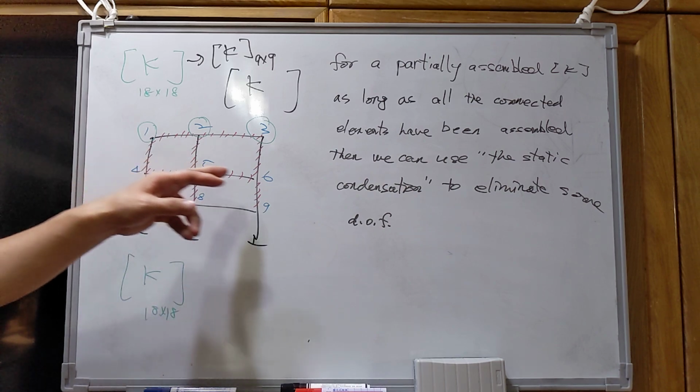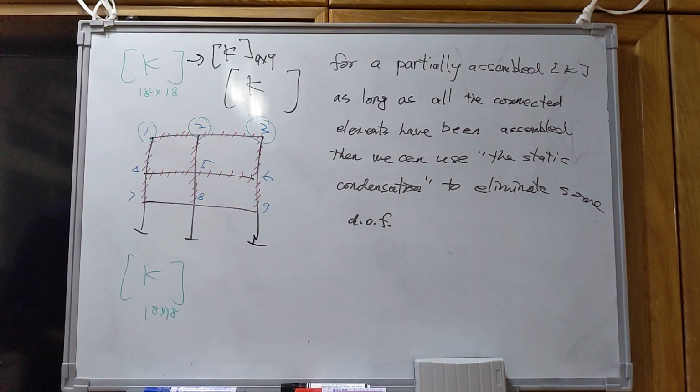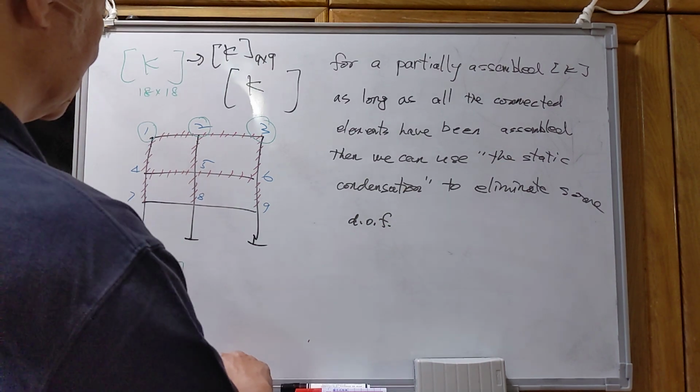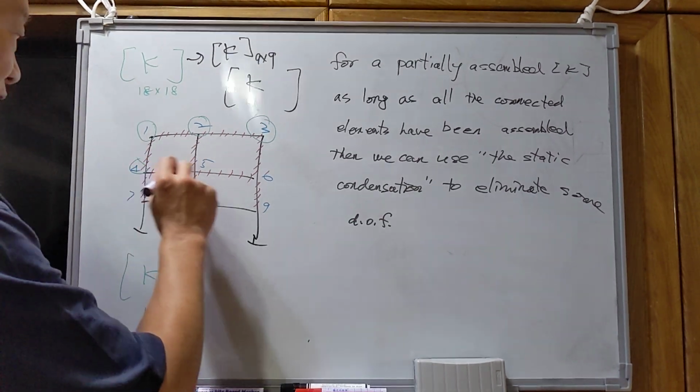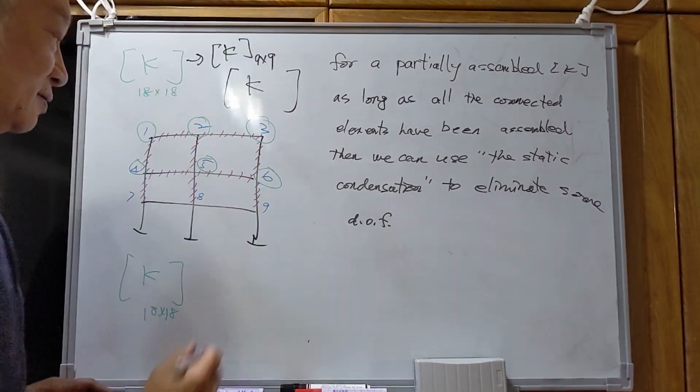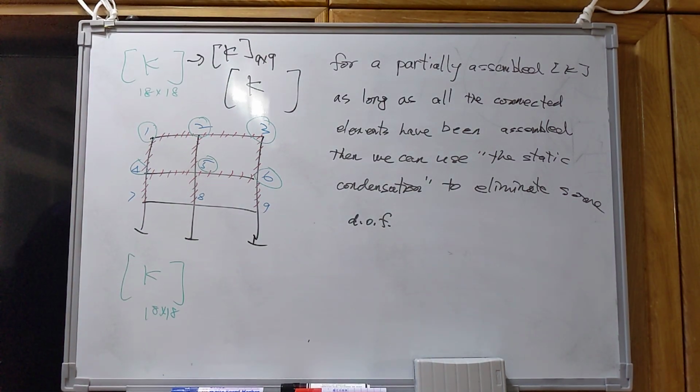After we assemble the 5 elements for the next layer into the global K, you will find the 4, 5, and 6 nodal degrees of freedom can be condensed out.